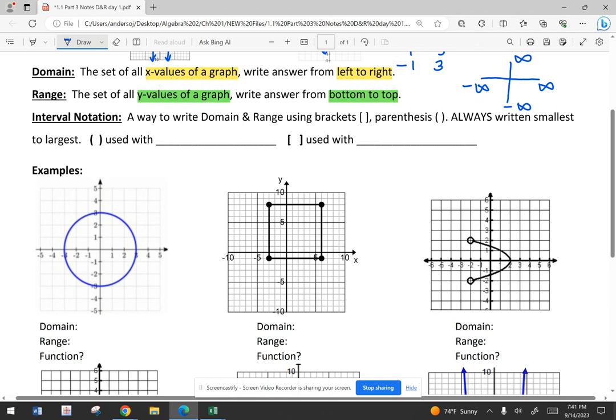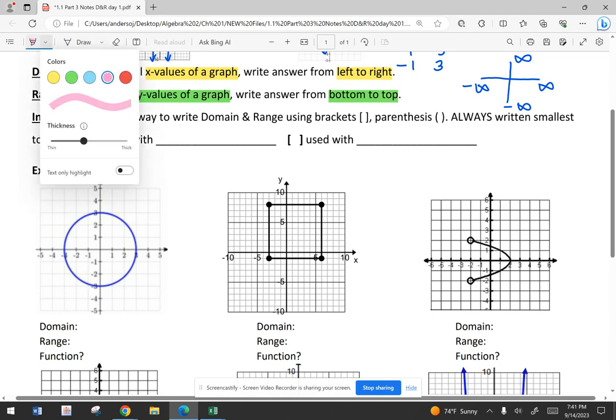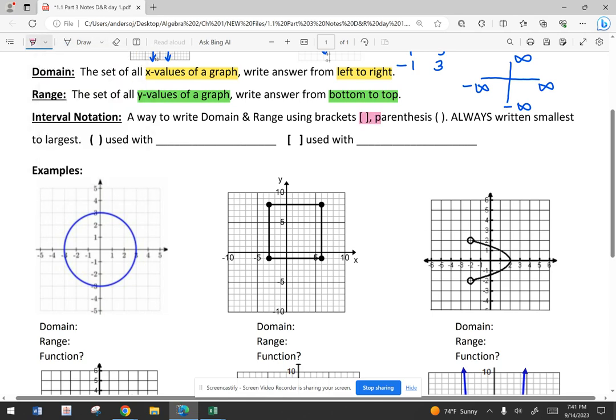So when you write your numbers, you should always see the smaller number come first and then the larger number. We're going to be writing these in something called interval notation. We have 2 different types of things we're going to use, either a set of parentheses or a set of brackets.